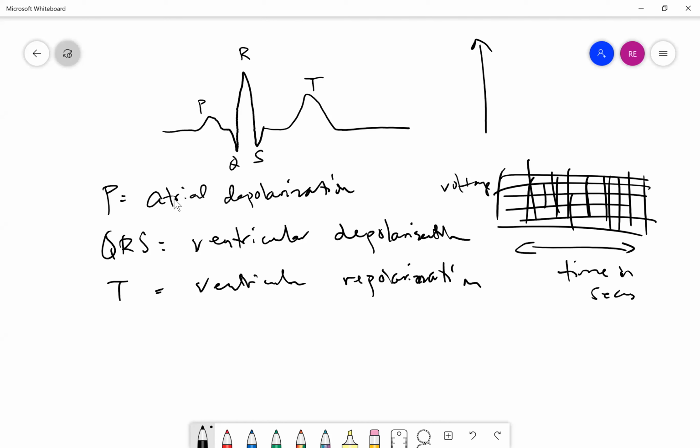So if the vertical axis represented by the waves is voltage, that will represent the amount of electrical activity within the heart, within each heart cell.